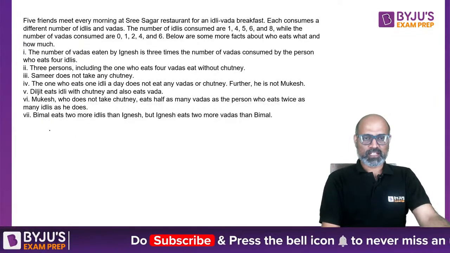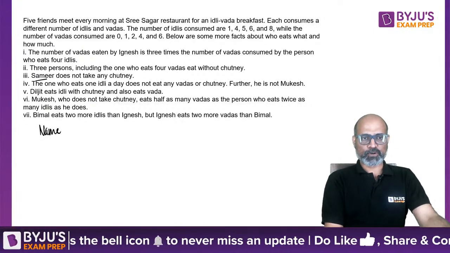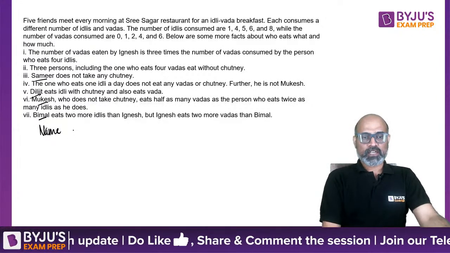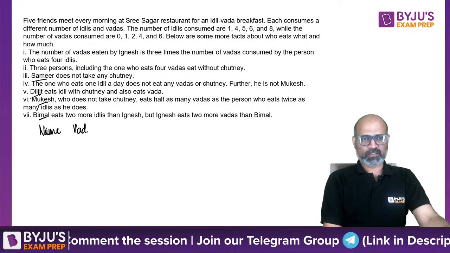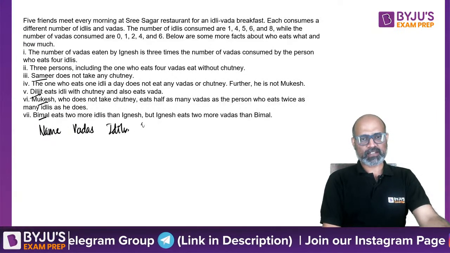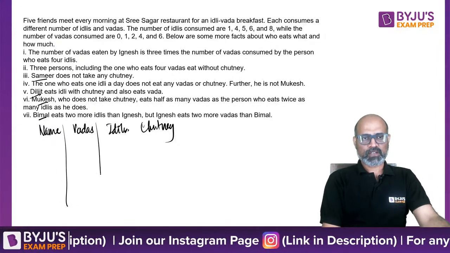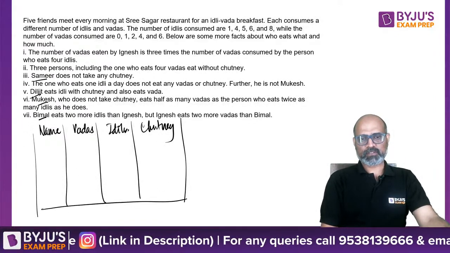So let's write down the name of the people, because if you look at the supporting statements, we have more names involved. Then let's write down vadas. Then let's write down how many idlis they eat and what about chutney. Since we have 5 friends, we need 5 rows over here.